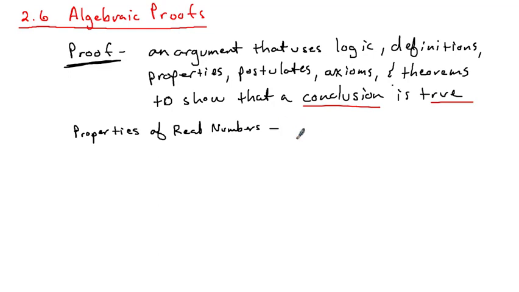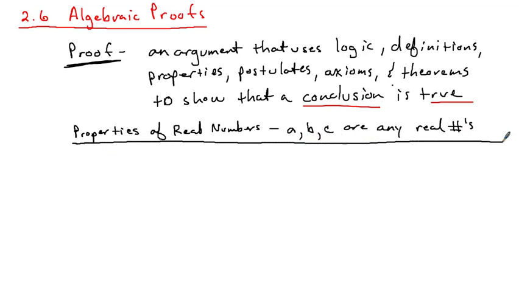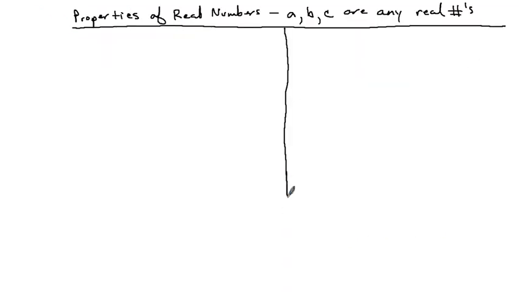And we're going to specify that in all these explanations I'm about to write, A, B, and C are any real numbers. Okay, and I know that you don't know why we're writing what we're writing, but just write it, and we're going to make a table. And we're going to write down 1, 2, 3, 4, 5, 6, 7, 8, 9 properties. You're only going to need 9 lines to fit all this in, I think.